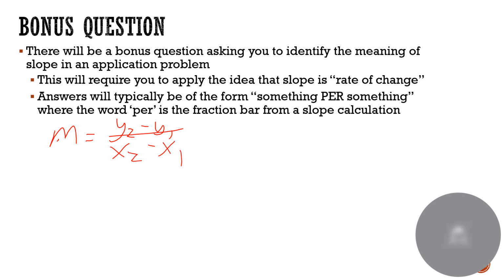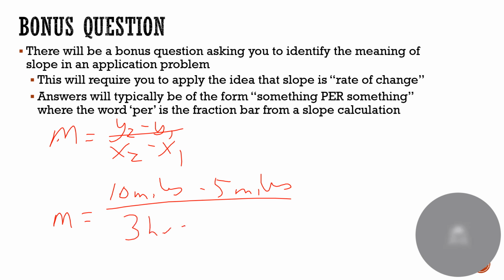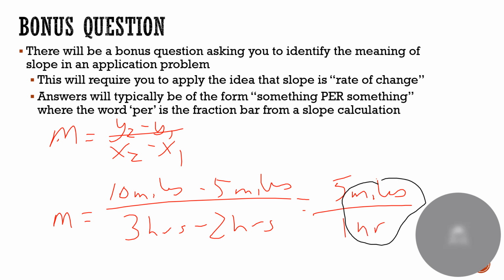And if you were doing a word problem, you might have 10 miles minus 5 miles over 3 hours minus 2 hours. And so 10 minus 5 is 5 miles over 1 hour. And I want you to notice miles per hour.